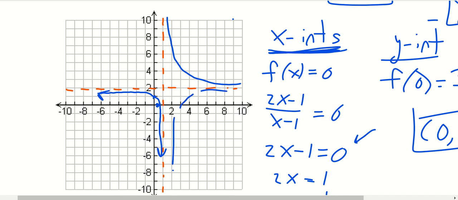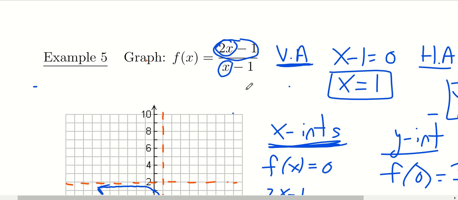And this is where in the notes they talk about trying to find some other points to help us out a little bit. So if you're not sure what's going to happen here, we could pick another value of x that's over here to the right. Let's plug in x equals 2.